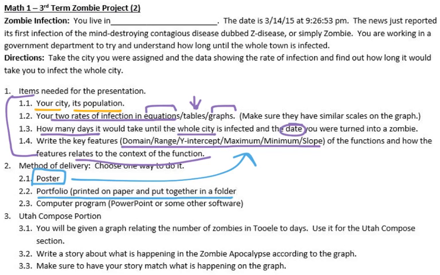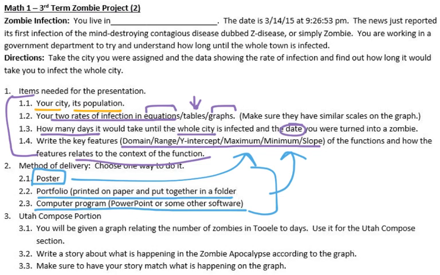Something that you can still show us. The other would be to use some sort of electronic program, some computer program, PowerPoint or some other software. Those would probably be the most exciting, and being able to add that technology into it. So you need to pick one of those methods. You need to provide all that information.